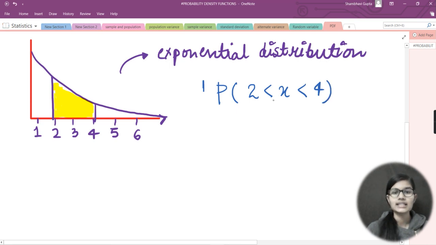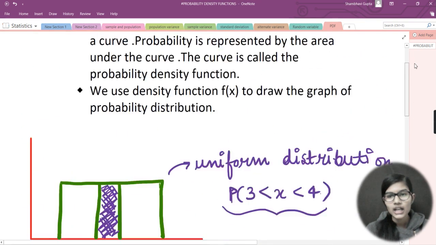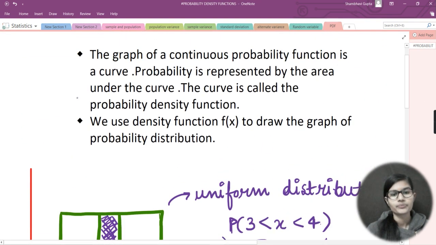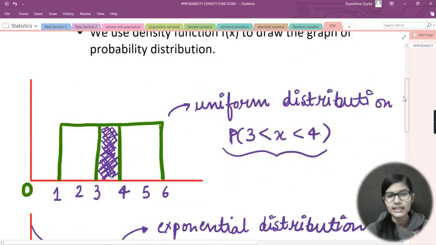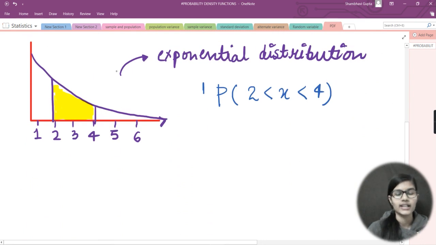What is X? X is the random variable whose probability is the area. In the above definition, the probability is represented by the area under the curve. So here we are taking this portion, and it defines that x should be greater than 2 and less than 4. This is called the exponential distribution.